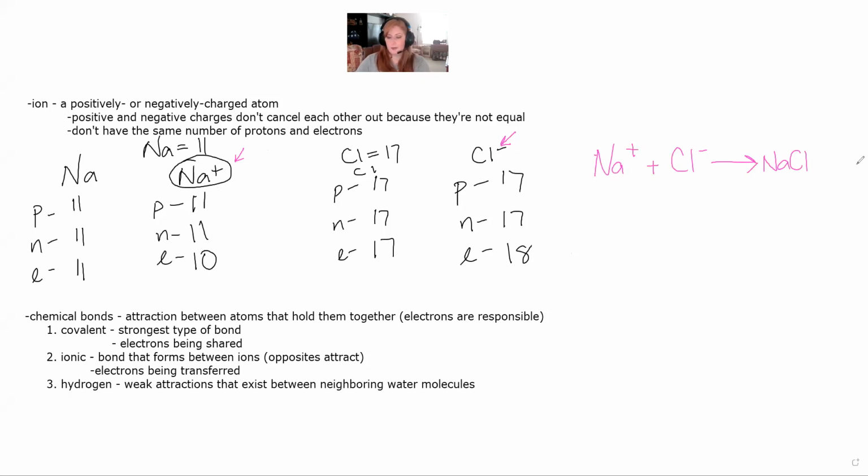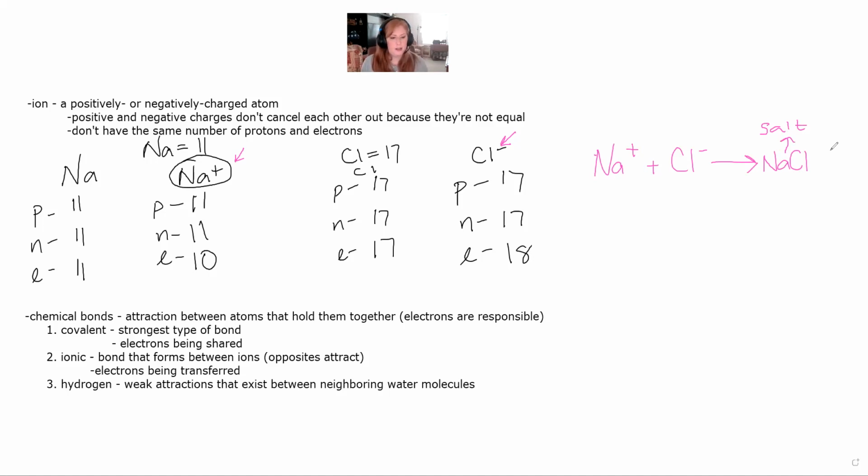Anybody know what that is in everyday English? It's table salt. Okay, stuff you can use as flavoring. That's what NaCl is.